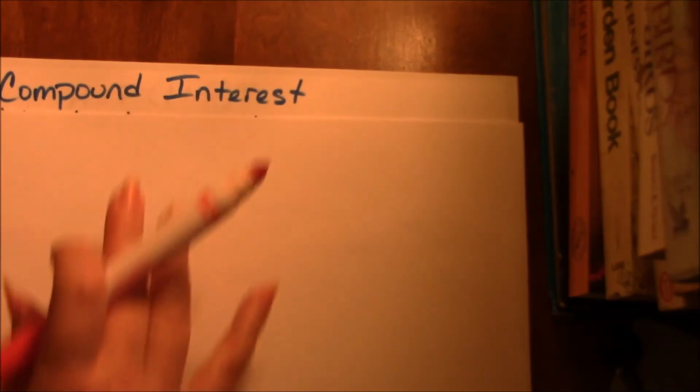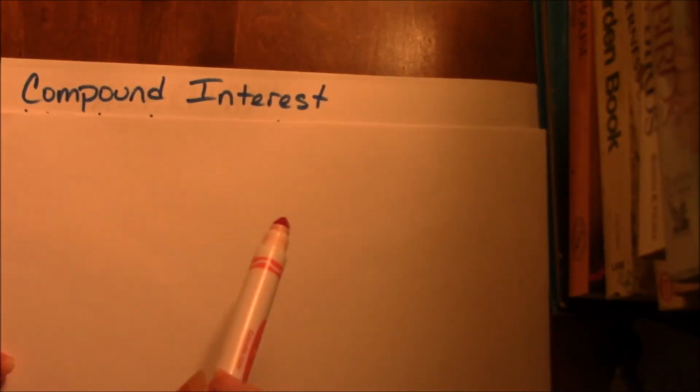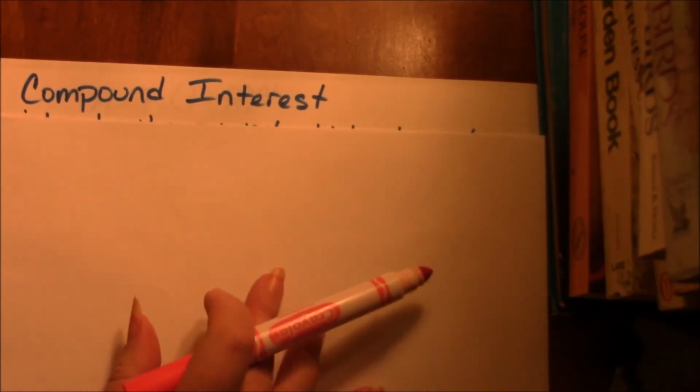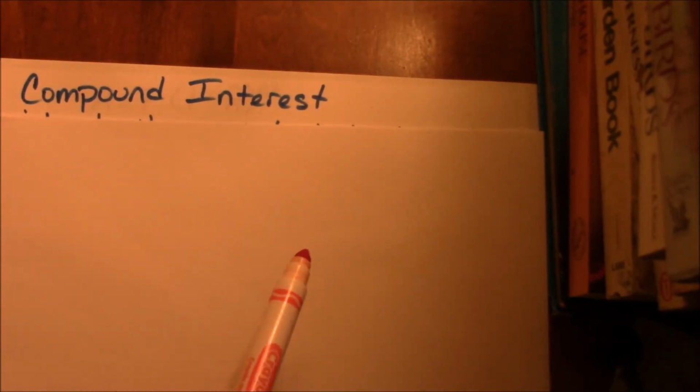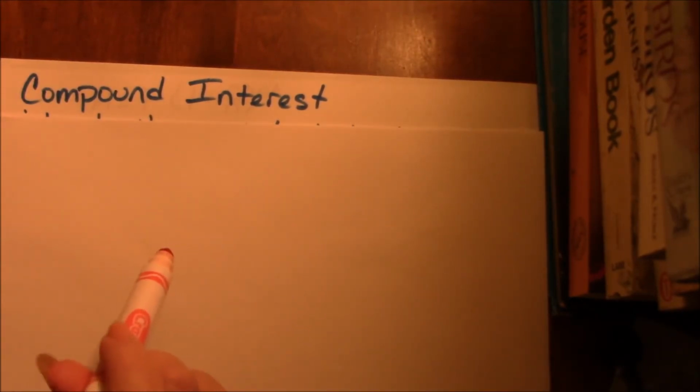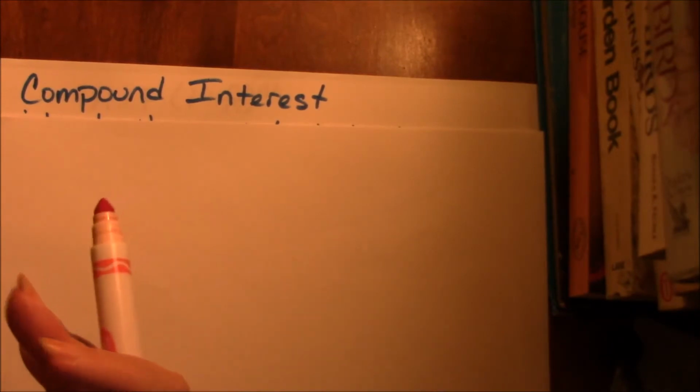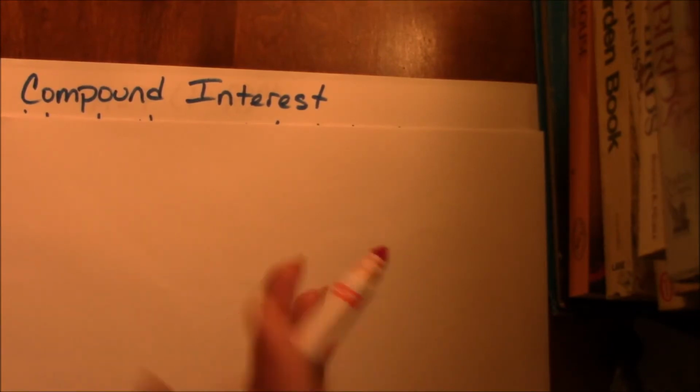The next thing we're looking at today, because it has a very similar formula, is compound interest. You've done simple interest before, where I put in $1,000 and it sits there for 6 years, and after 6 years I get 6 times the percentage, and that's it.